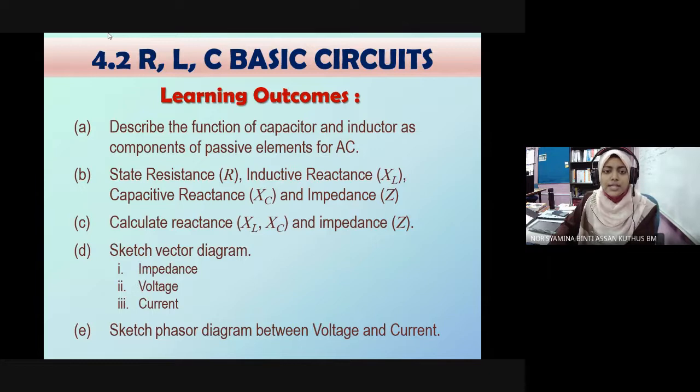Then you're going to state resistance, inductive reactance, capacitive reactance dan juga impedance. And we are also going to calculate this reactance and also impedance. We're going to also sketch vector diagram dan juga phasor diagram. Alright, this is what we're going to do for RLC basic circuit.